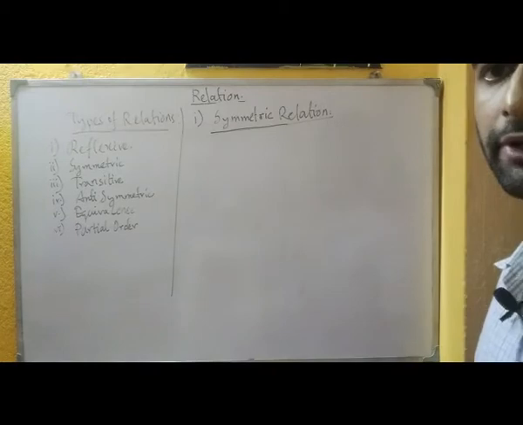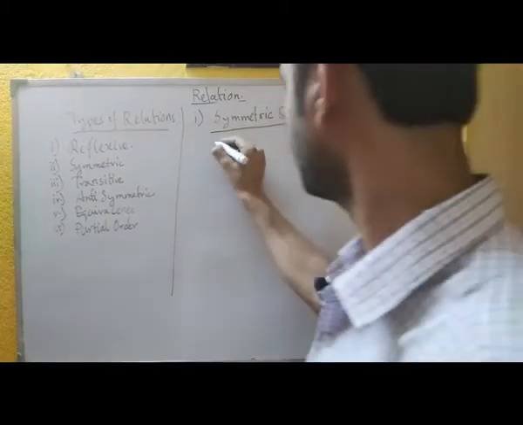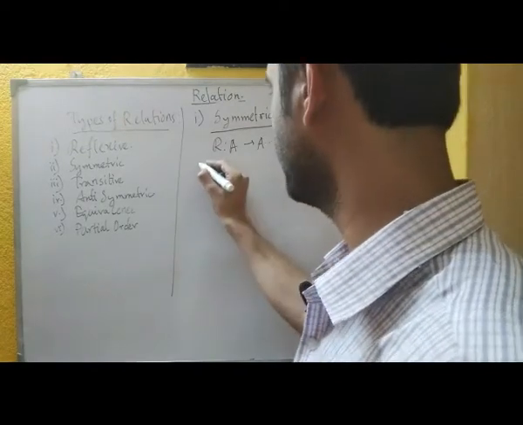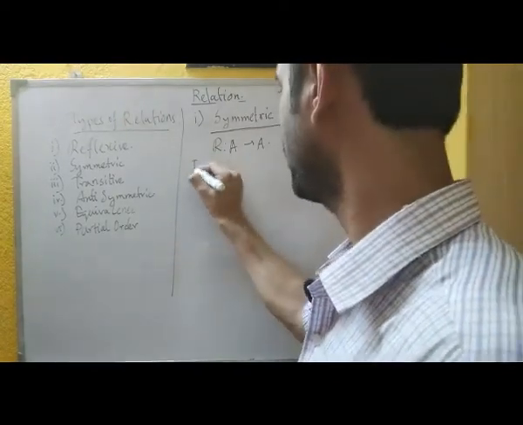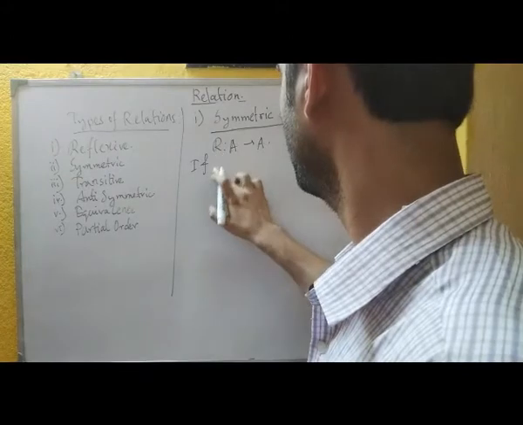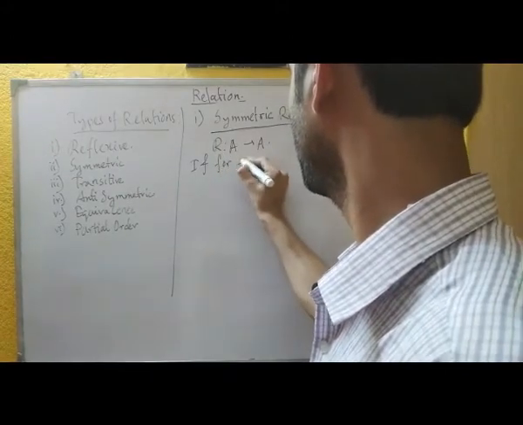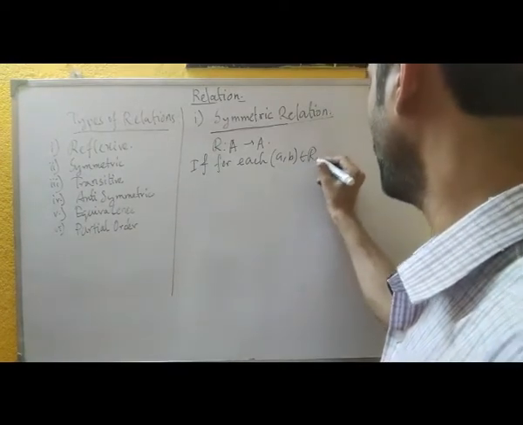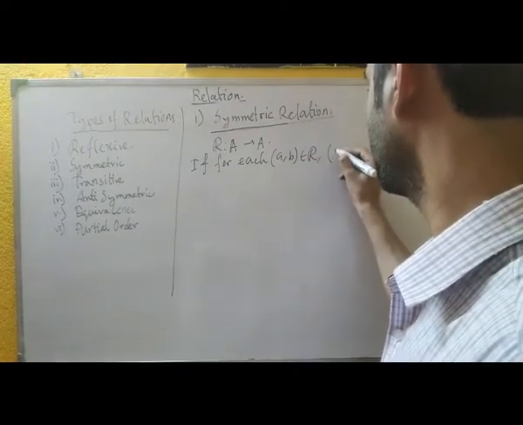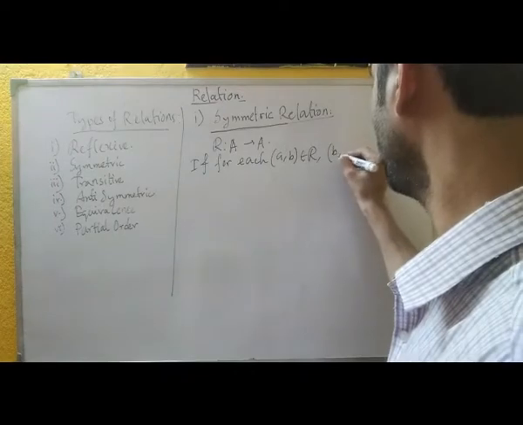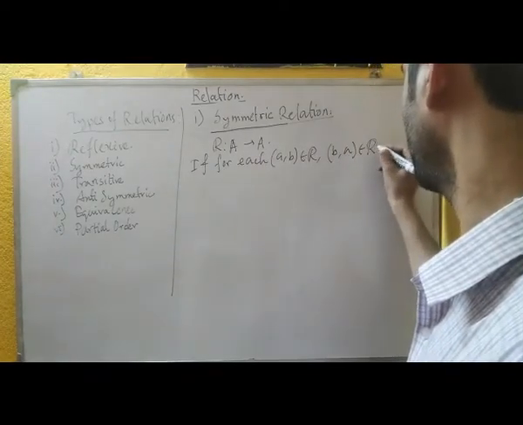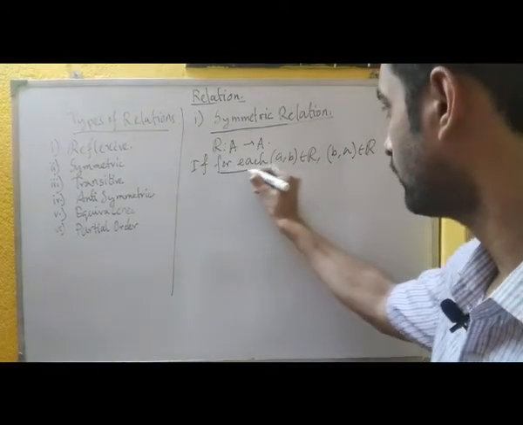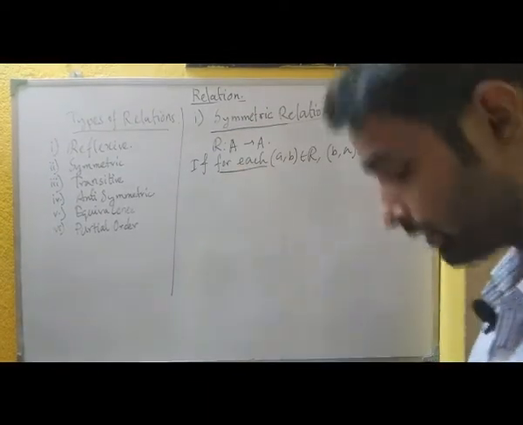The next one is a symmetric relation. Again, suppose R is a relation from A to A, then this relation is called symmetric if for each ordered pair (a, b) belonging to R, the ordered pair (b, a) is also belonging to R. This word 'for each' is very important.